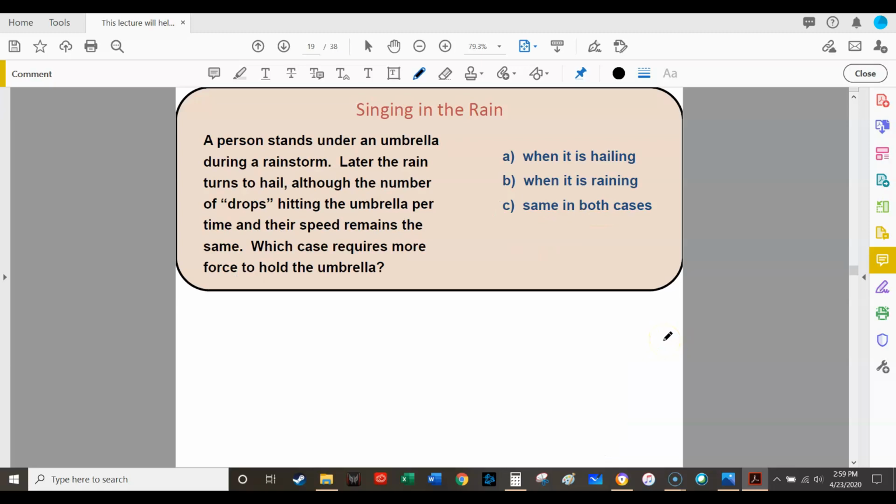Well, let's do one last problem. Actually, there's a couple more problems to do, but this is a really good problem. The basic problem is this. You've got a person standing under an umbrella. So here's their umbrella, and I'm going to have another umbrella here.